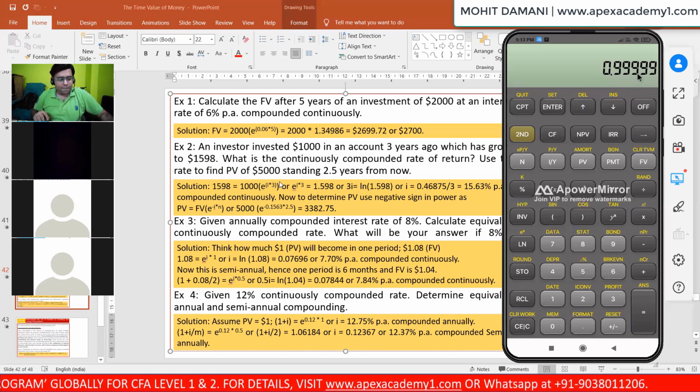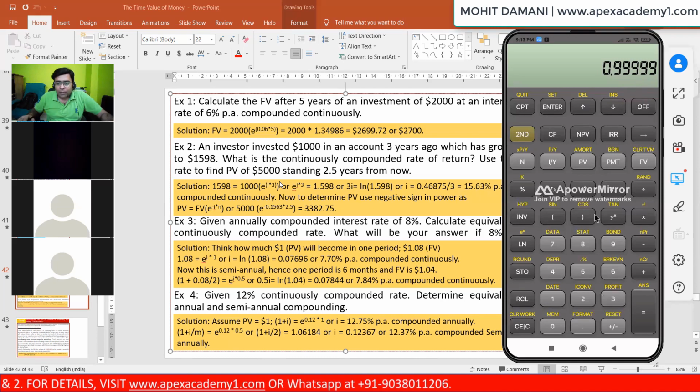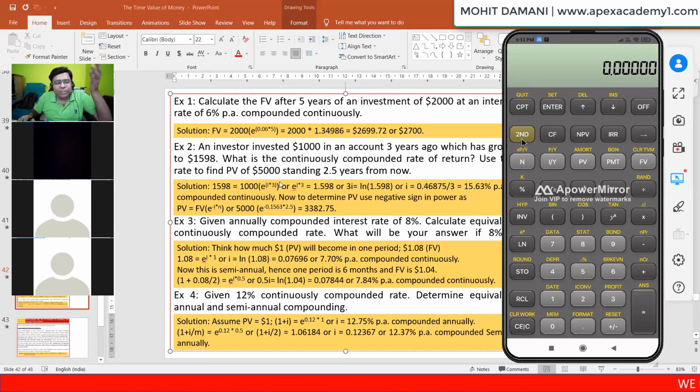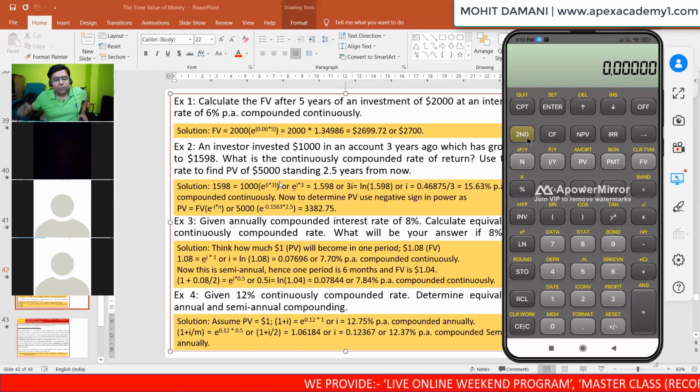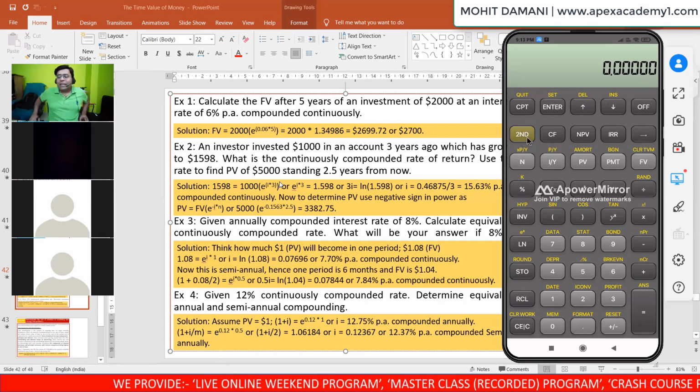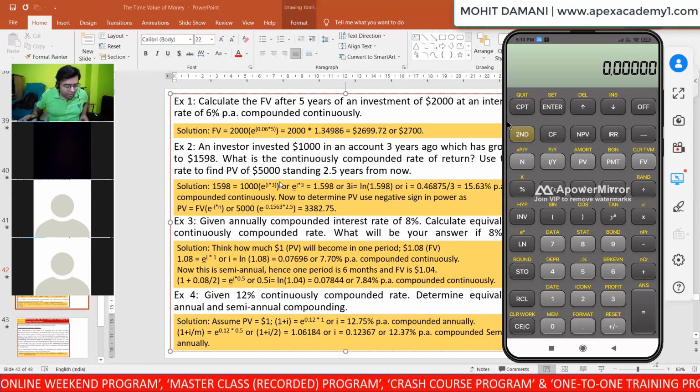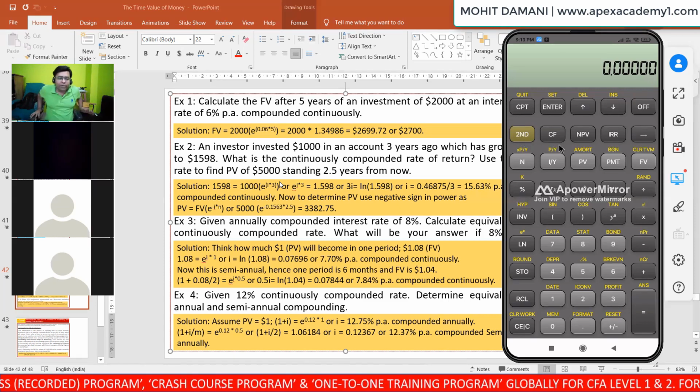Lastly, this is your random number generator. Before I move to the final big function, that is the bond function, this is your random number generator. You can keep on generating in simulation. You would have heard of the word simulation. You will do more of that in Level 2 and Level 3. In simulation you have to generate random numbers. The RAND function is a random number generator function which can help you generate random numbers.